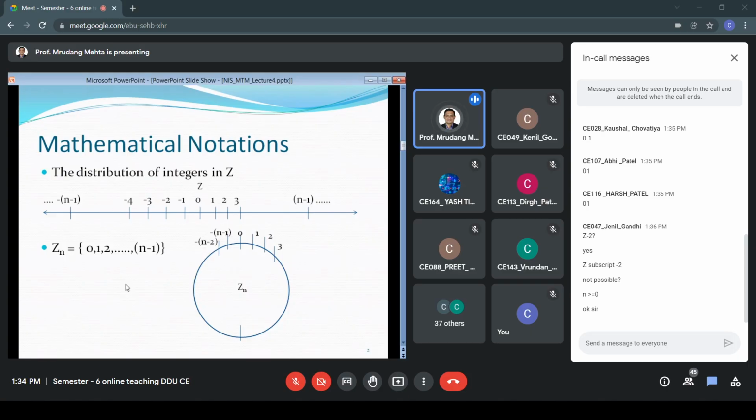Just see that in a circle, at equally distant spaces, the numbers are distributed: 0, 1, 2, 3, and so on, up to n minus 2, n minus 1, not the minus. So after n minus 1, again it will start at 0. So it is a circle.